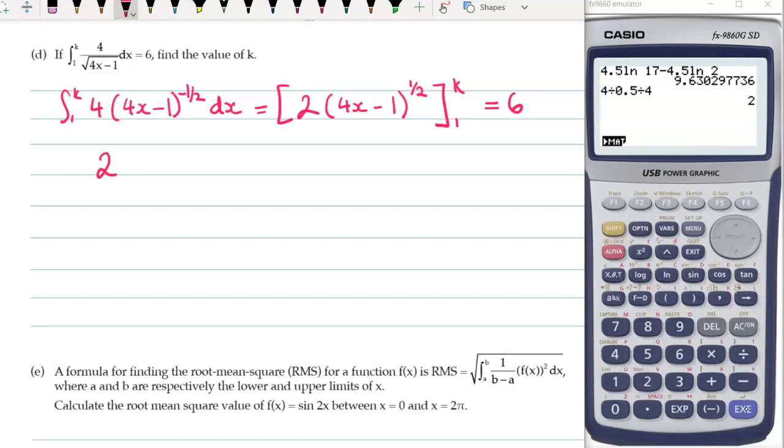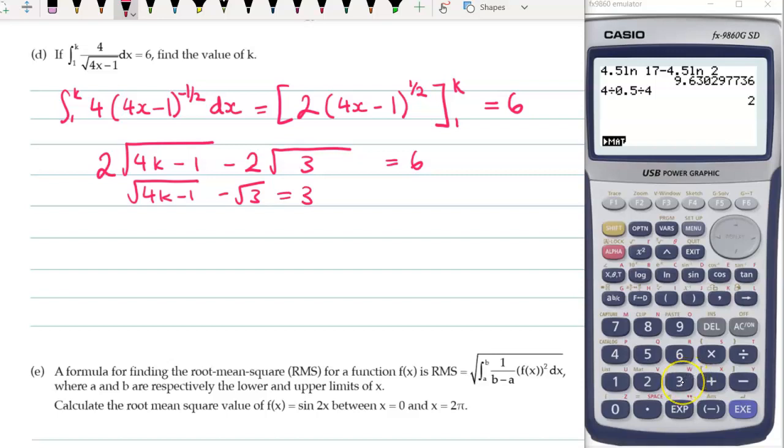So now let's sub in those limits. 2 times the square root of 4k minus 1, minus 2 times the square root of 4 times 1 minus 1, is going to be equal to 6. Okay, 4 minus 1 is root 3. We can divide everything through by 2, and we'll get the square root of 4k minus 1, minus root 3, is equal to 3.